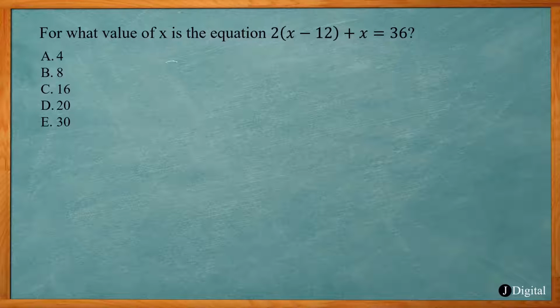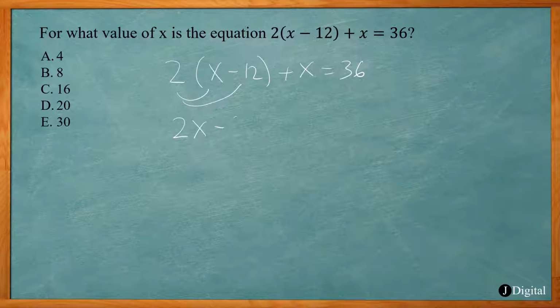So if I take this equation, 2 times the quantity x minus 12 plus x is equal to 36, I'm going to distribute this 2 times x, 2 times negative 12, so 2x minus 24 plus x equals 36. Now combine like terms. 2x plus x is 3x.